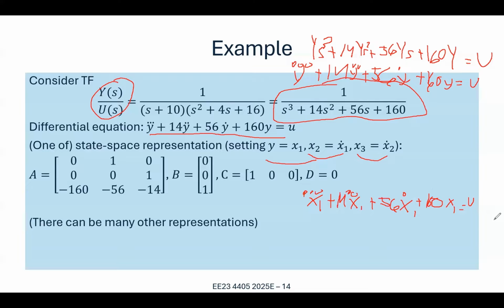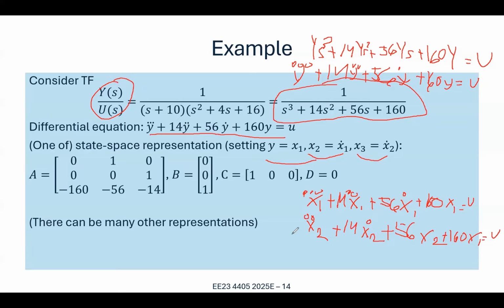If we go slowly here, x1 dot is x2, so this means x2 double dot plus 14 x2 dot plus 56 x2 plus 160 x1 is equal to u.